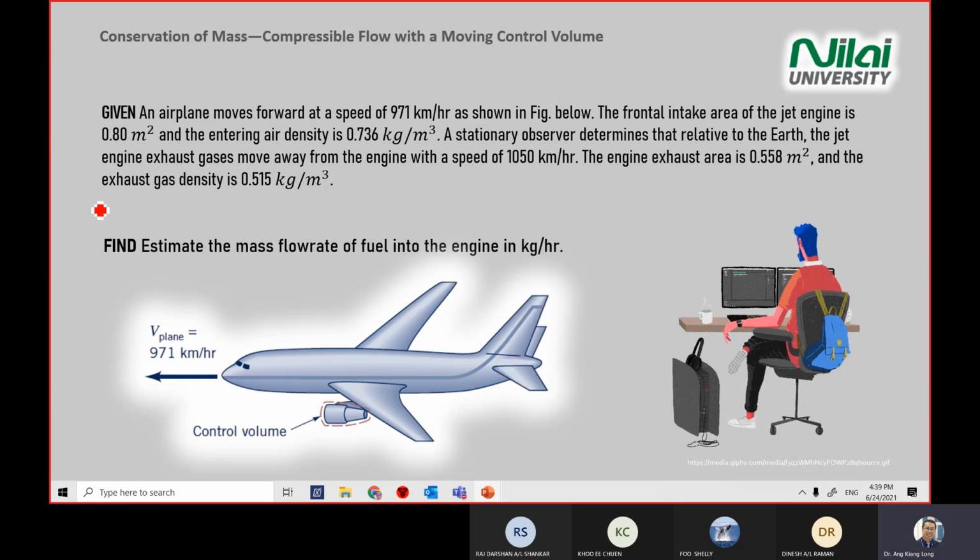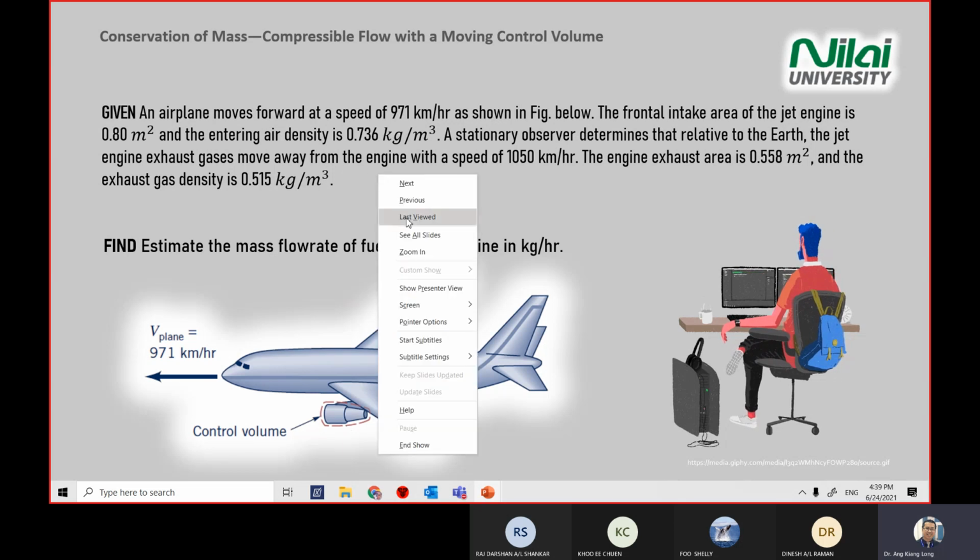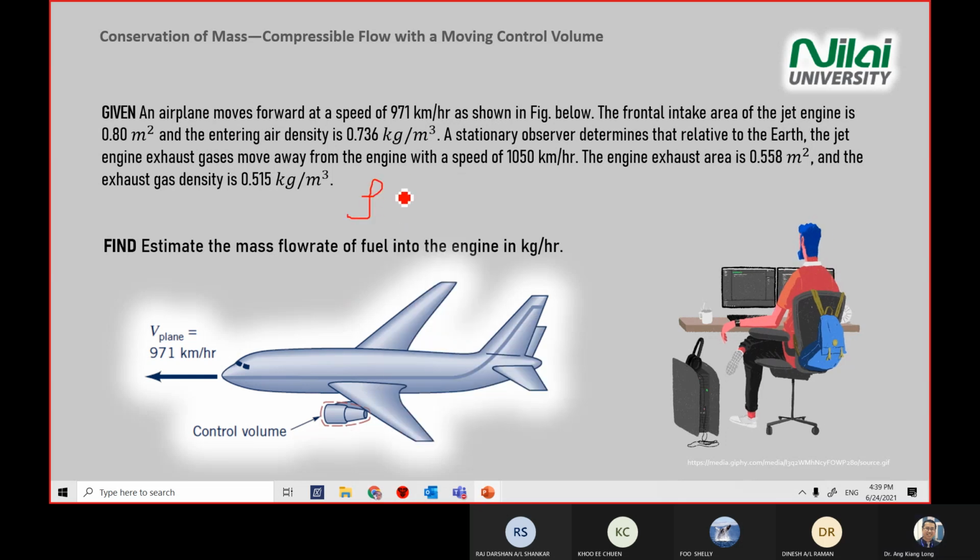All right, so we continue with the question. Area is given, entering air density is given, so you have rho, you have the area, you have the V. Basically, you can solve using the conservation of mass equation.